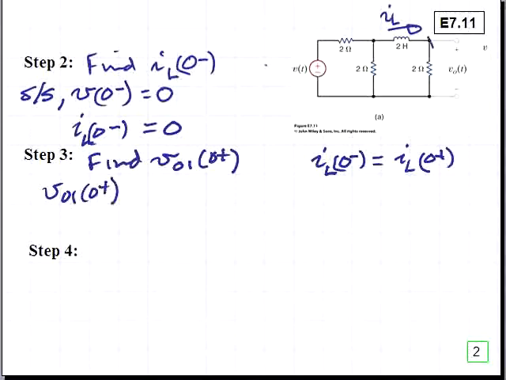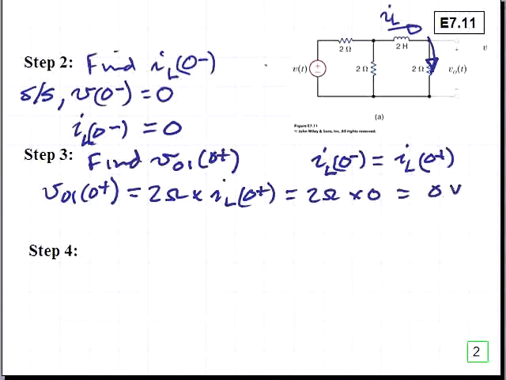This inductor current flows down through a 2 ohm resistor, so this is 2 ohms times iL at 0 plus. We just said that that is 2 ohms times 0, so this is equal to 0 volts for vO1 at 0 plus.